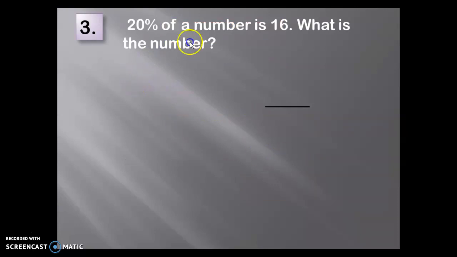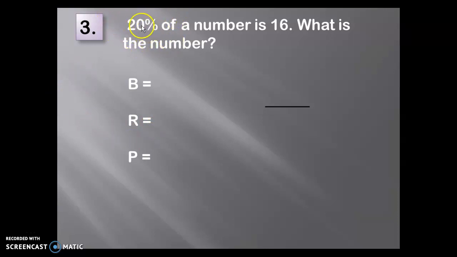Now, the third example: 20% of a number is 16. So, what is the number? Again, let us identify which is missing. Are we looking for the base, the rate, or the percentage? Since the 20% is at the beginning, let us identify this first.